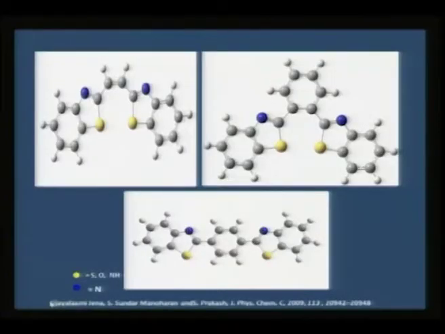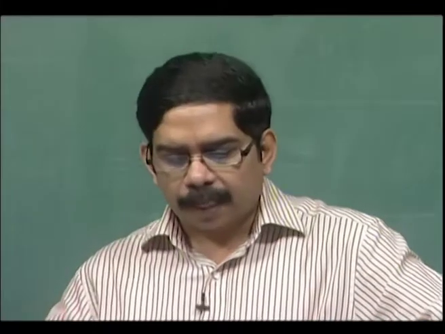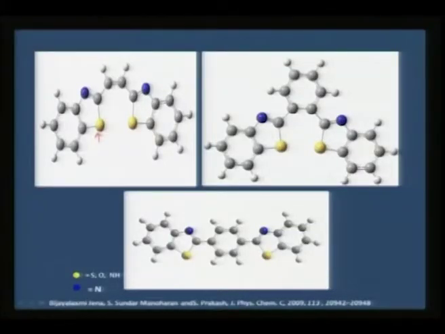For example, this is an example of two Benz heterosol molecules. This can be nitrogen and sulfur, or nitrogen oxygen, or nitrogen nitrogen. So you can call this a Benz heterosol in general, or Benz thiazole if it is sulfur, Benz oxazole if it is oxygen, Benz imidazole if it is nitrogen.